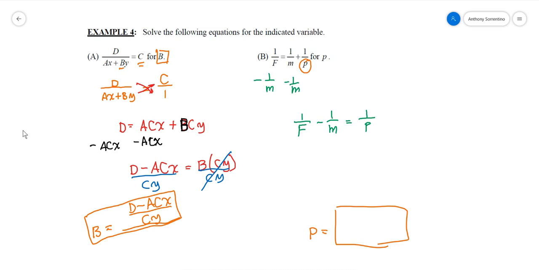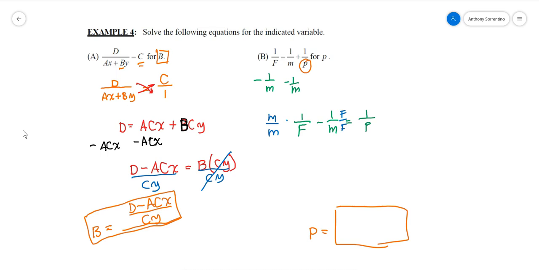When I have variables in the denominator, I try to do some sort of cross multiplication, which I can only do if I have a single fraction on both sides of the equal sign. I have it on the 1 over p side. I have two fractions being subtracted on the other side. So I got to carry through the subtraction, which means I need to establish some common denominators. So I'm going to multiply this one by m over m, and this one by f over f.